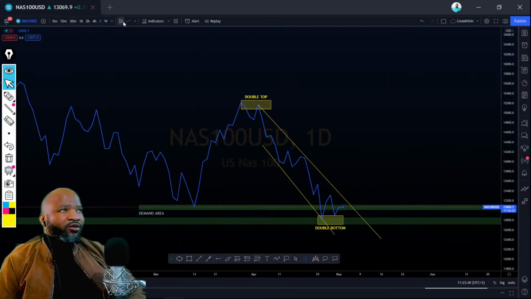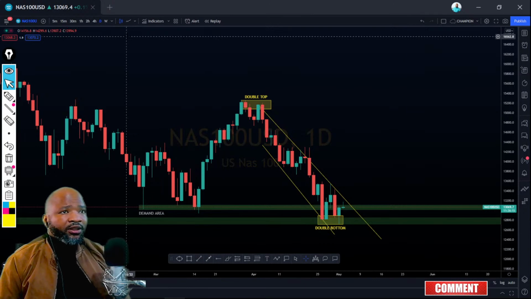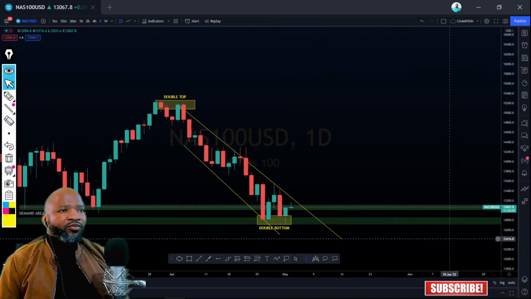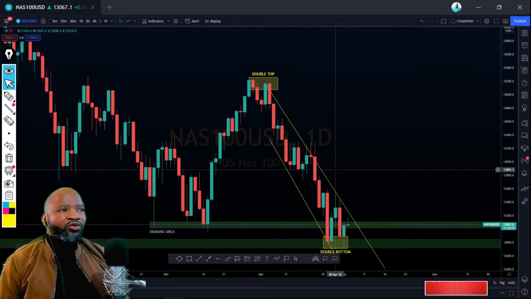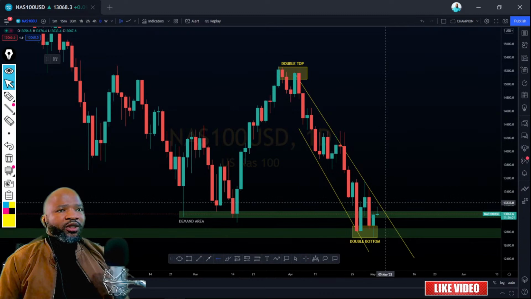Let's go back to Japanese candlesticks. You can see that the price is still respecting the level as it's about to push towards the upside. And let me place the lines.